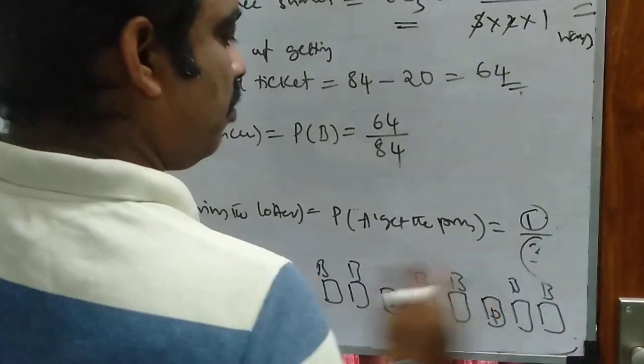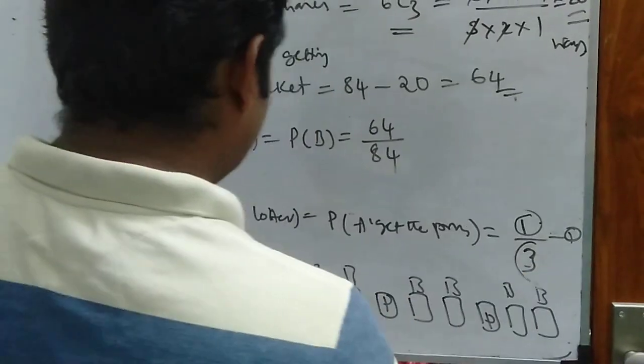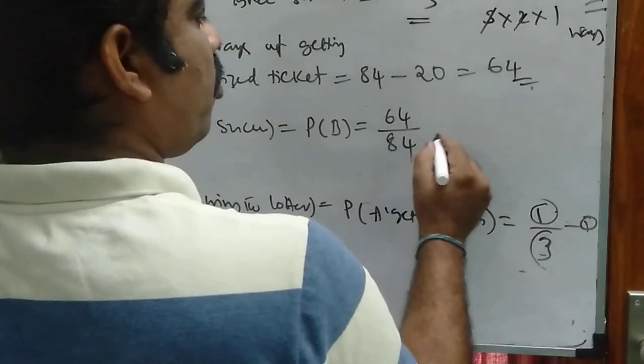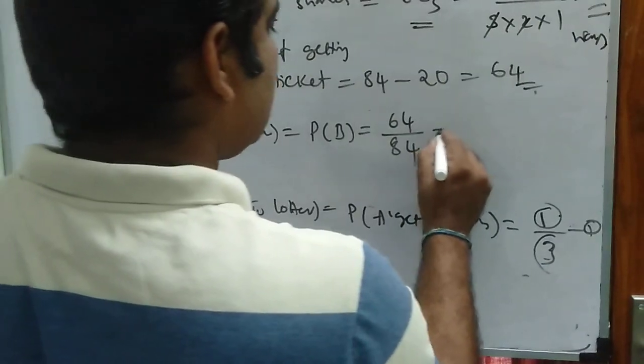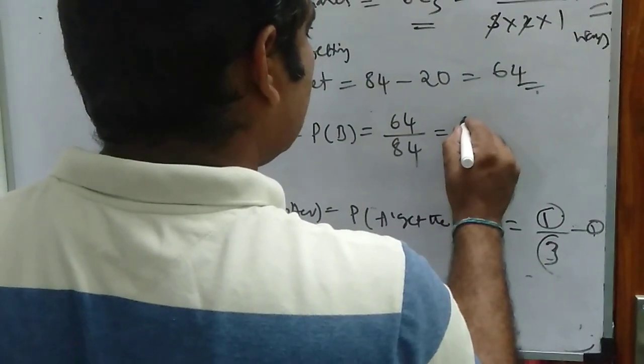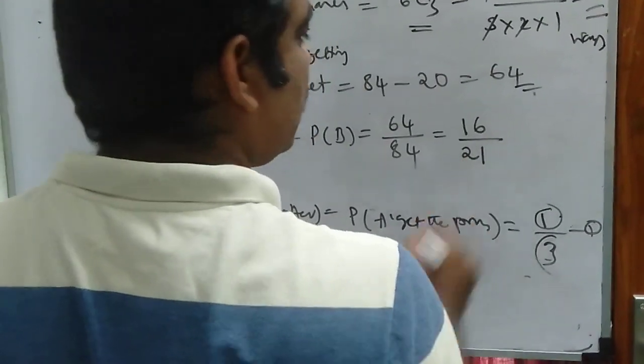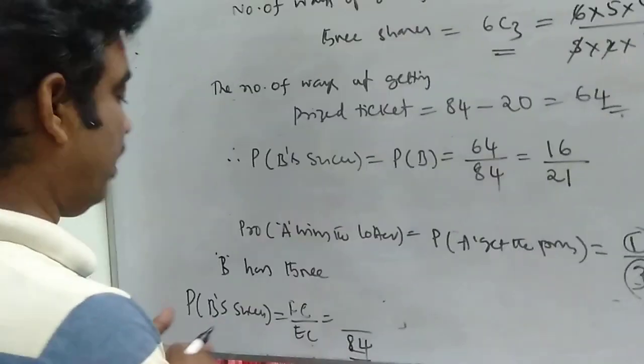Right? The first probability is 1 by 3, that is the first case. A's success is 1 by 3 and B's success is 64 by 84. So what is 64 by 84? 4 1s are 4, 4 2s are 8, 4 21s are 84, so 16 by 21.